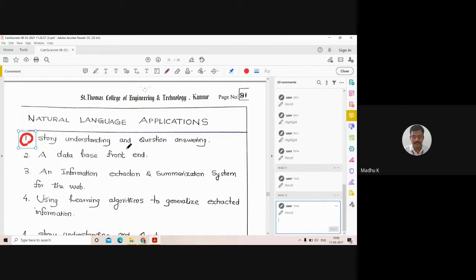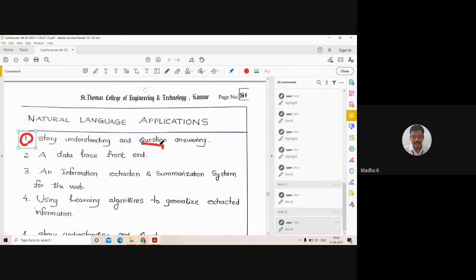For example, what does story understanding mean? You give a story or something to the system, then the system should understand what it is and what it means. And question answering means you ask a question and it will produce an answer.